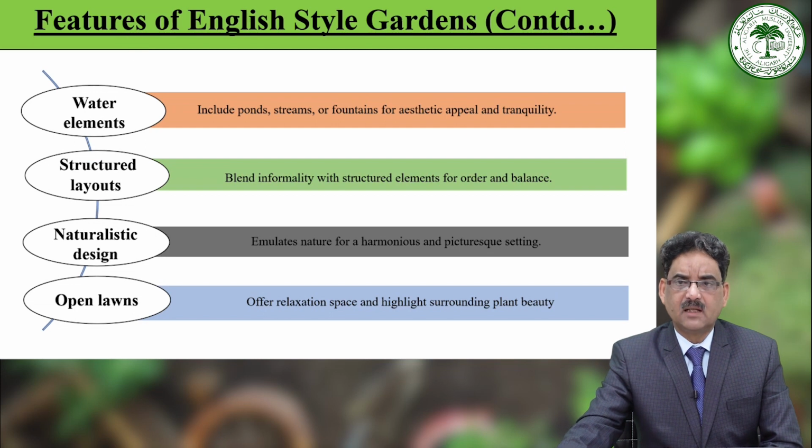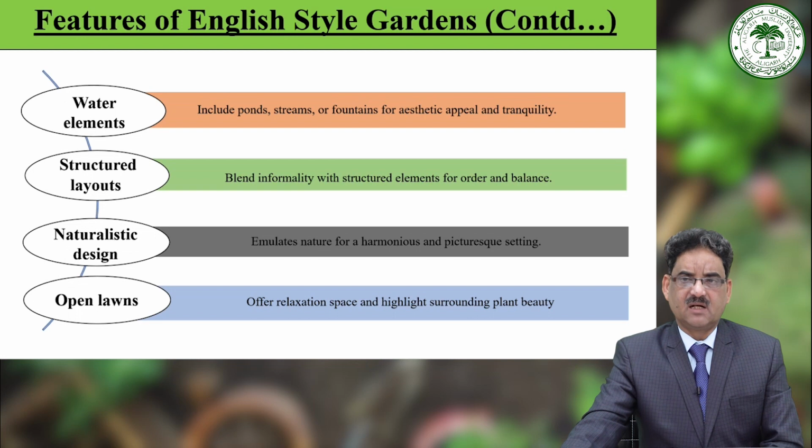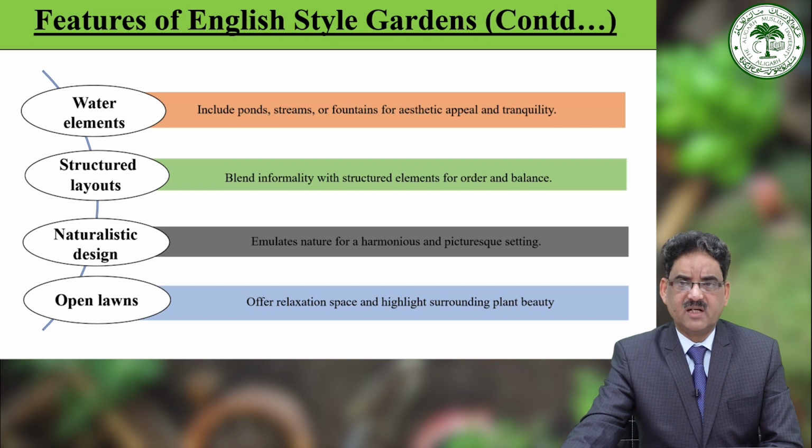Water elements in English gardens, the incorporation of ponds, streams, or fountains is intentional, and they are not only for enhancing aesthetic appeal but also fostering a peaceful and calming atmosphere within the design. And the next one is structured layouts.